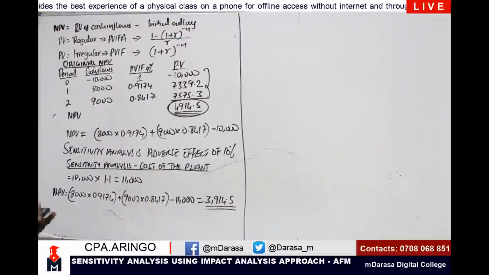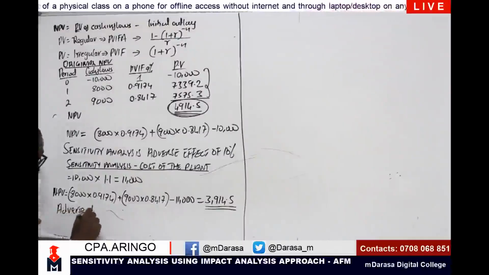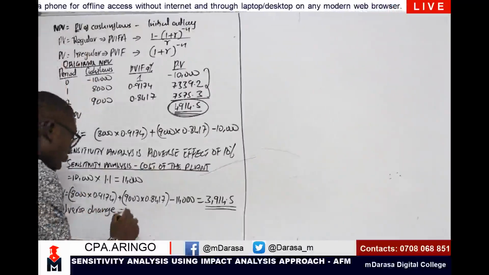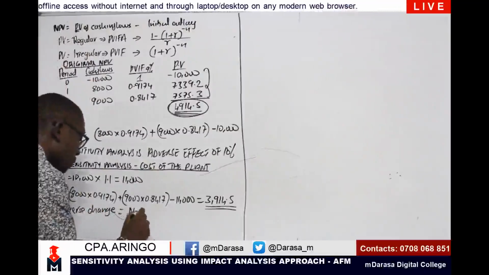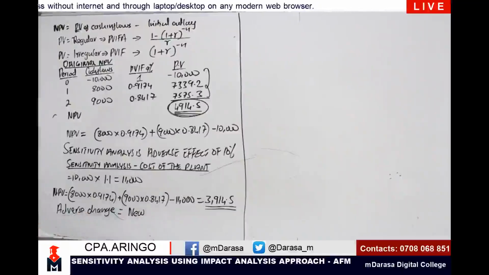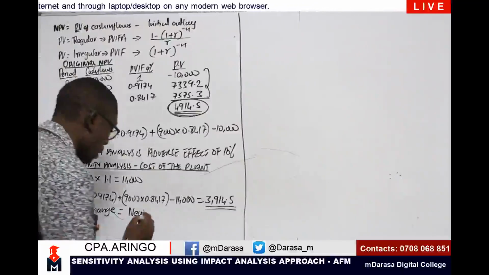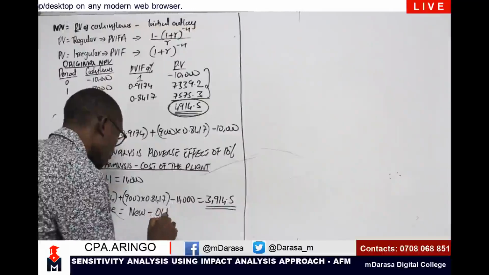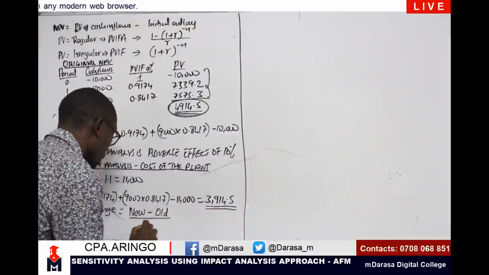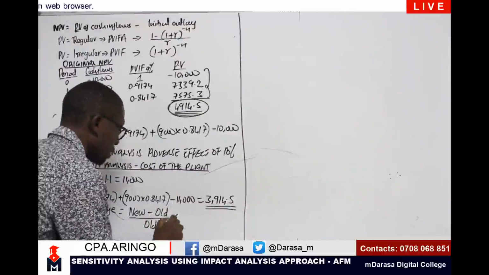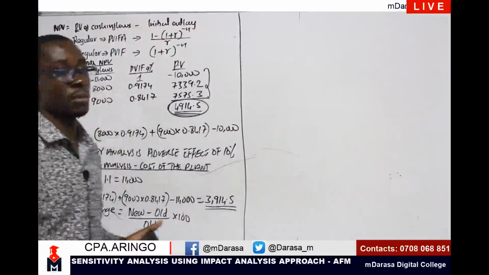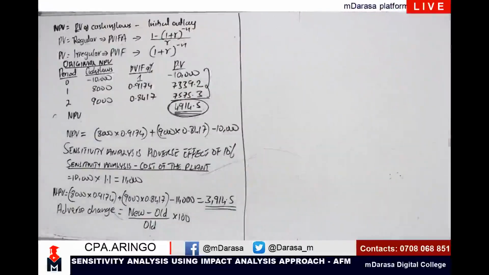So the adverse percentage change here should be as follows: our new NPV minus our old NPV, divided by our old NPV, times 100. That is what we are talking about, right?